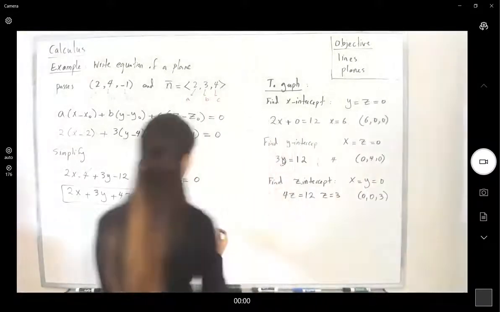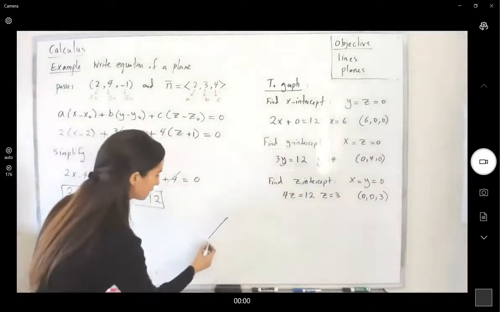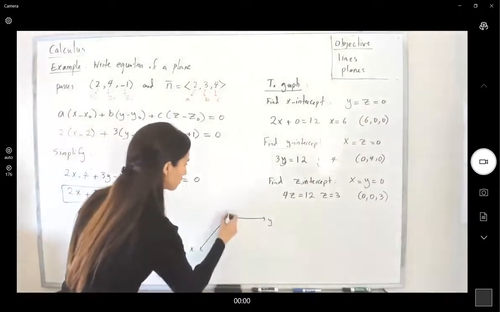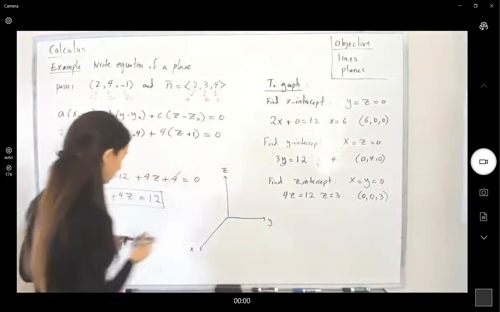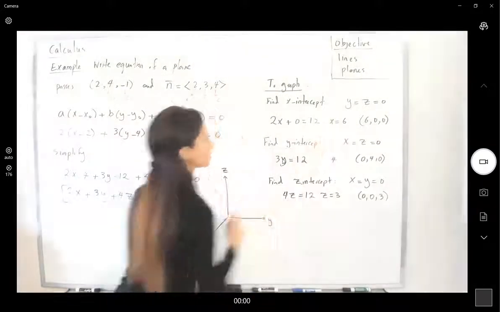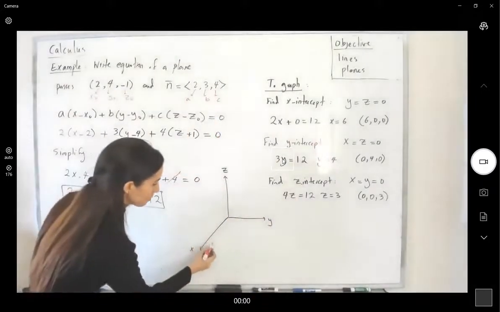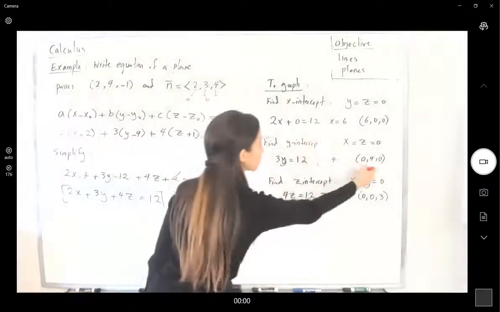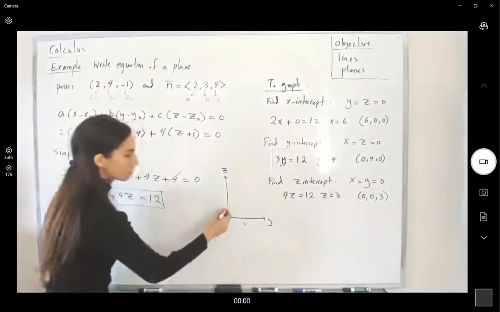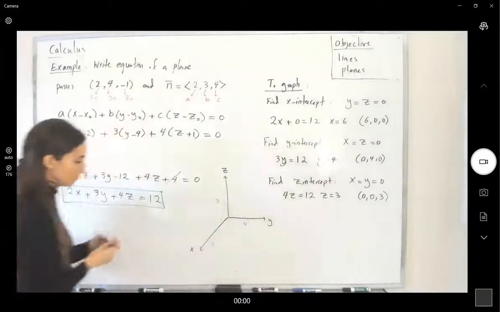Okay. X-axis, y-axis, and z-axis. Our x-intercept is 6, 0, 0. Our y-intercept is 0, 4, 0. And our z-intercept is 0, 0, 3.